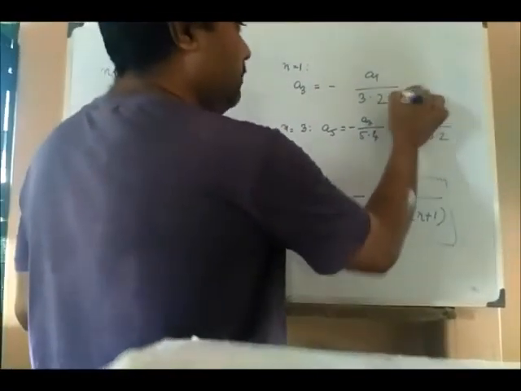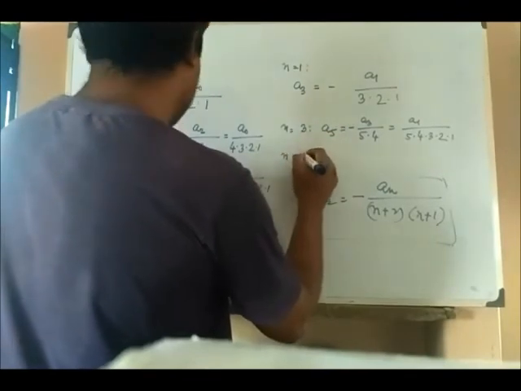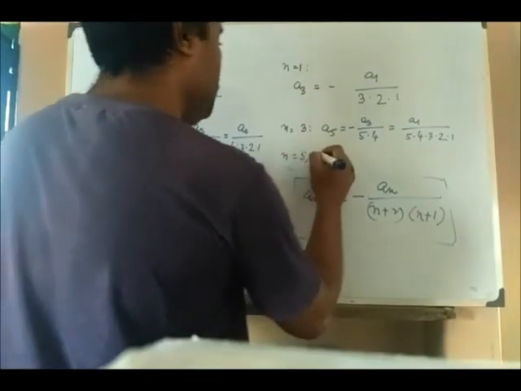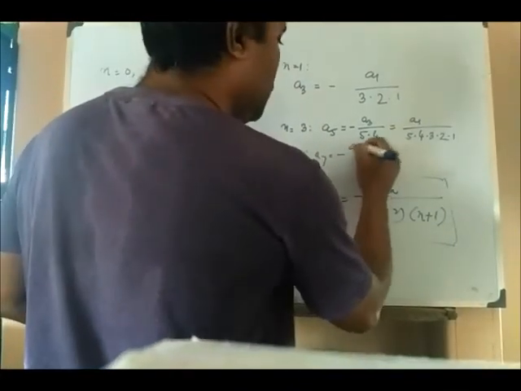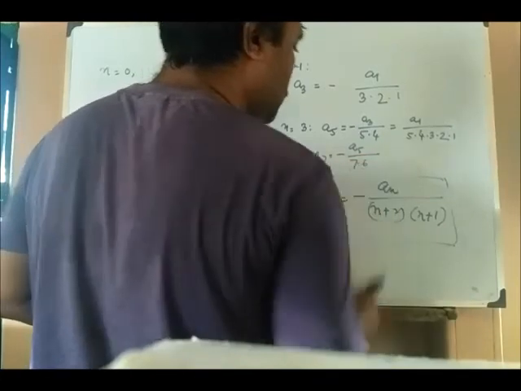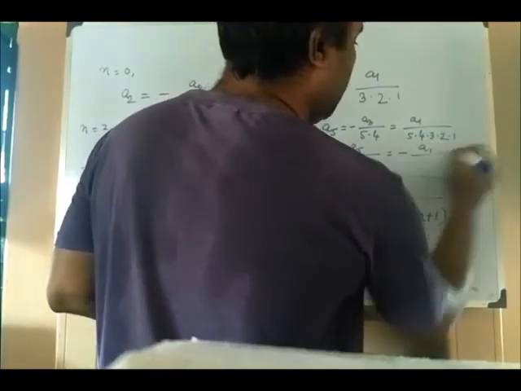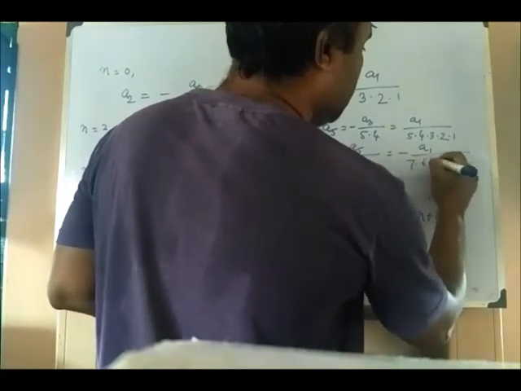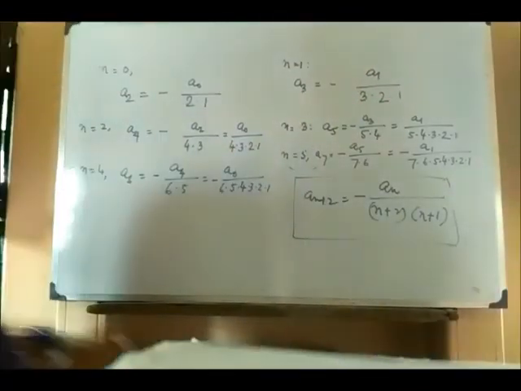Now n equal to 5 gives a_7, which will be minus a_5 divided by 7 into 6, so this will be minus a_1 divided by 7, 6, 5, 4, 3, 2, 1.